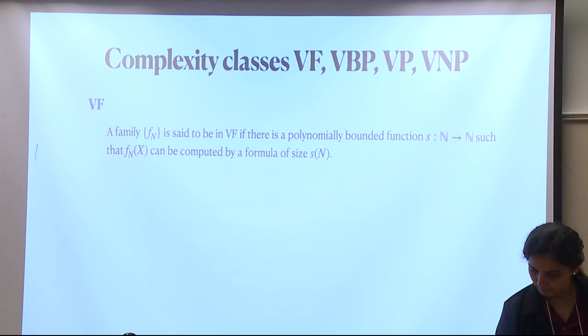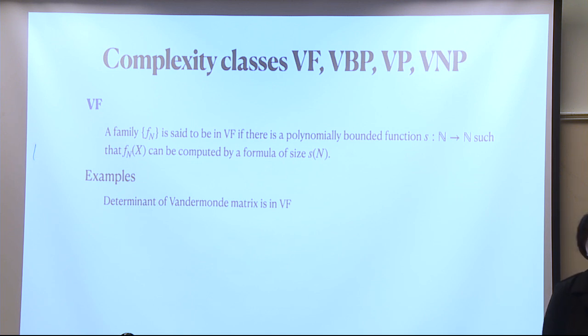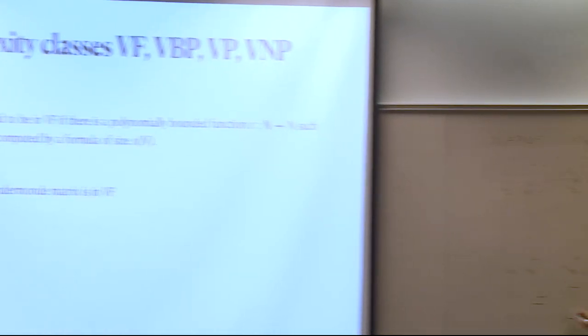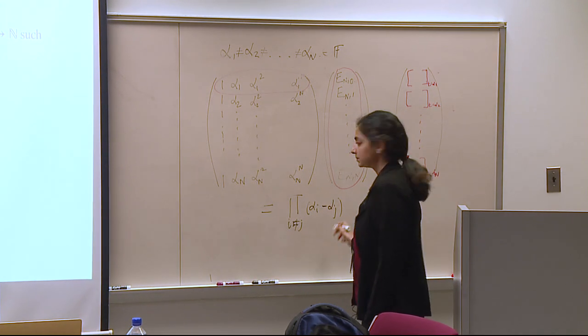Examples. The determinant of a Vandermonde matrix. Has anybody seen the expression for this? Yes? Product of, whatever, i not equal to j, right? Alpha i minus alpha j.